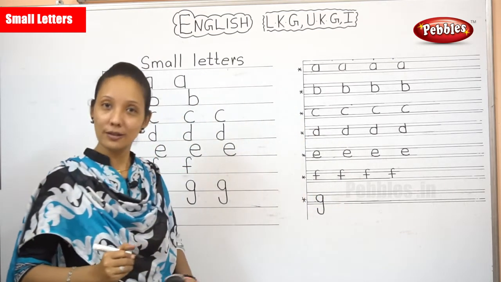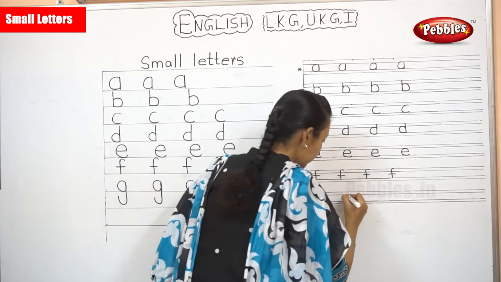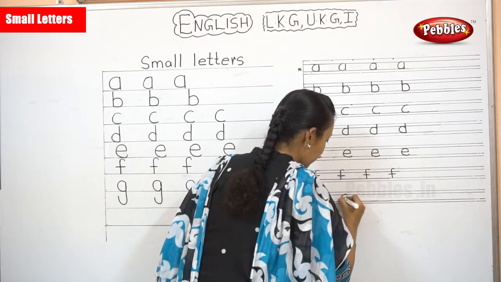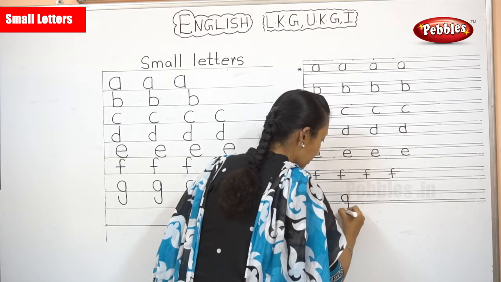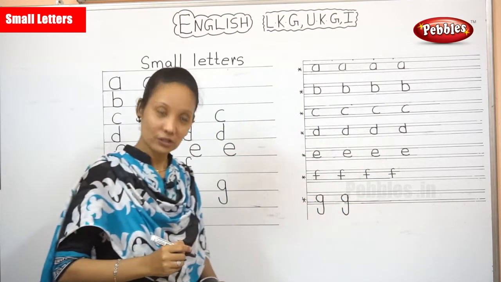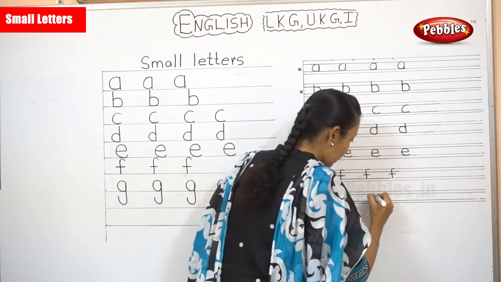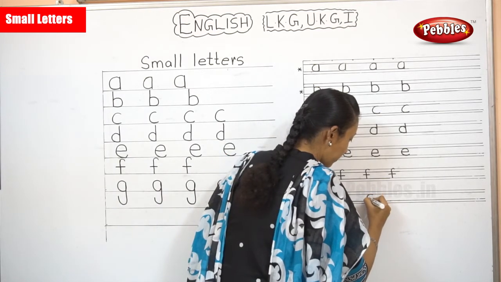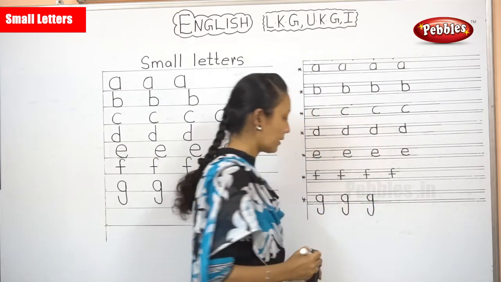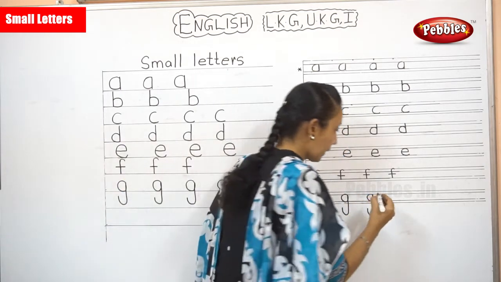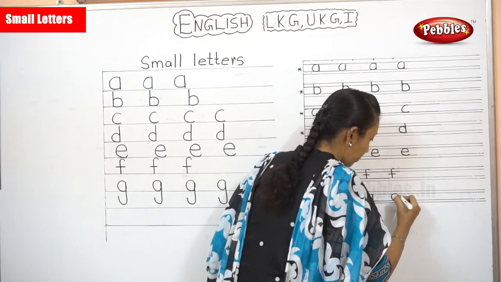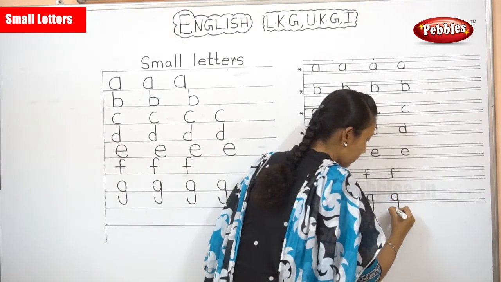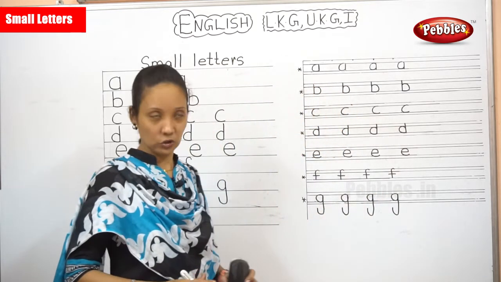It's small G. Again your curve, go up, come down, small letter G.